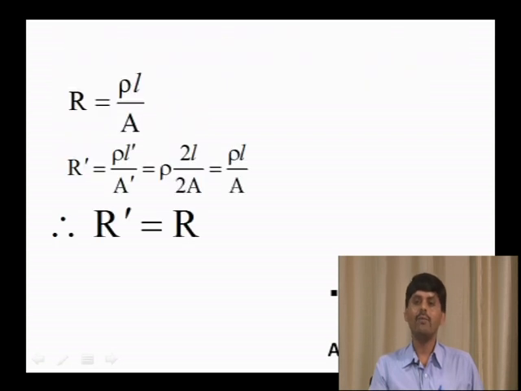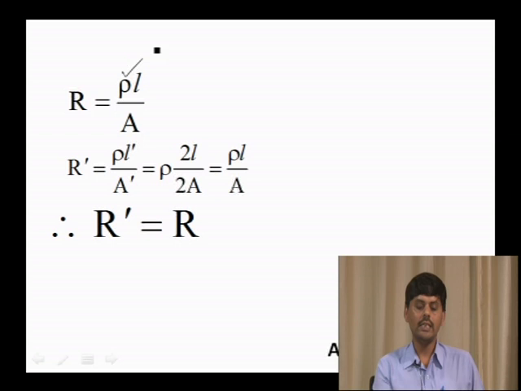For this, we have a relation between length, area and resistivity. Resistance is directly proportional to length, inversely proportional to area, and rho is the resistivity of the material. So, the resistivity of the material does not depend on the dimension, it should be the rho only, no change in the value.